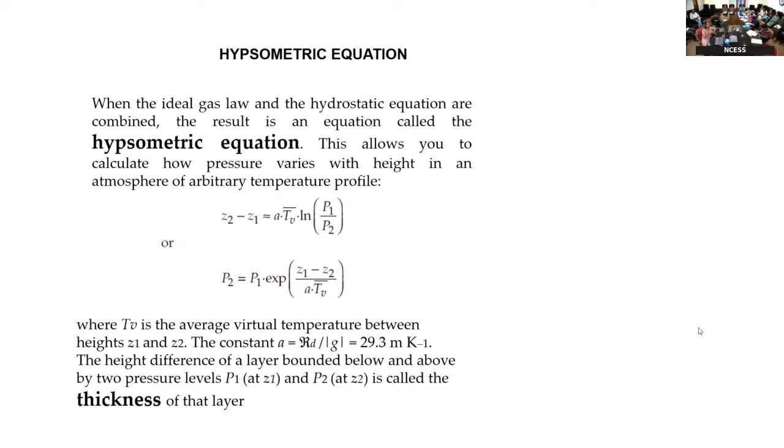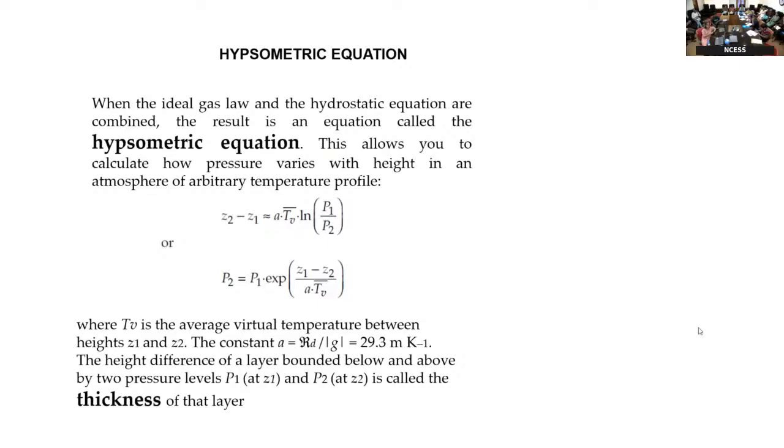This will give you how pressure varies with height along with the temperature. Usually the temperature gradient is not constant; it varies arbitrarily. So for real-life conditions, if we want to compute, we can use the hypsometric equation, which is a combination of the ideal gas law and the hydrostatic equation.